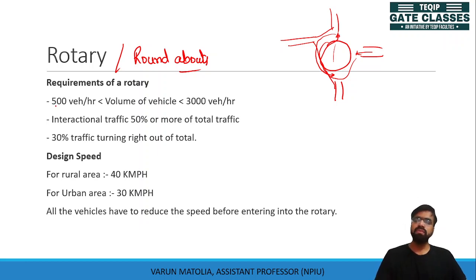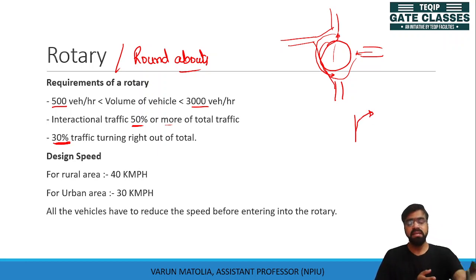at a section where the vehicle volume is more than 500 vehicles per hour but less than 3000 vehicles per hour. The intersectional traffic, the traffic which is not turning left, should be more than 50% of the total traffic. And the intersection should have more than 30% of the total traffic turning right, because the right turning traffic is the one which has more conflicts.